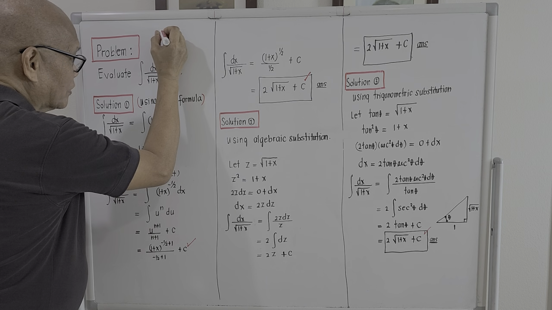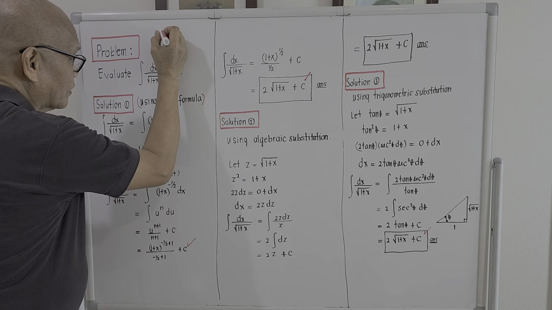If you are sharp enough to visualize it, for the given integral to fall under this, we must do some algebraic manipulation. The integral of dx over the square root of 1 plus x should be equal to the integral of 1 plus x raised to the minus 1/2 times dx.